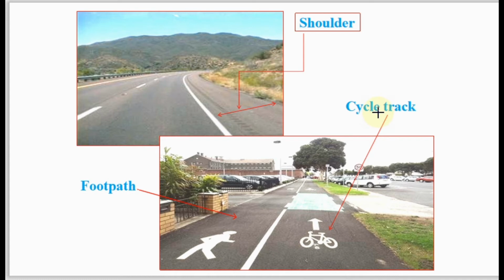Similarly, we can see the provision of a cycle track and a footpath which can divert specific types of traffic, that is people moving on cycles and pedestrians, so that they can make use of the footpath and the cycle tracks, which will reduce undue congestion of traffic on the roads.